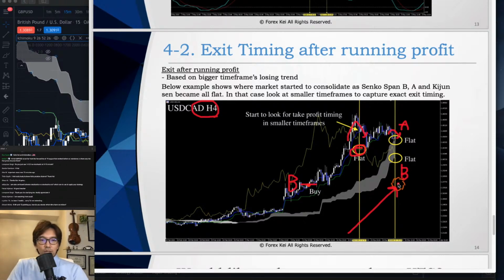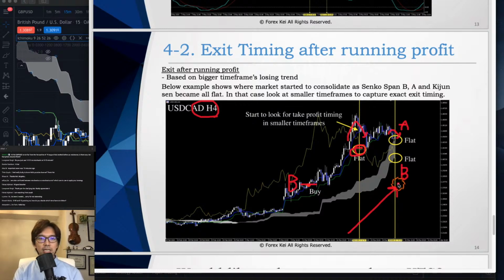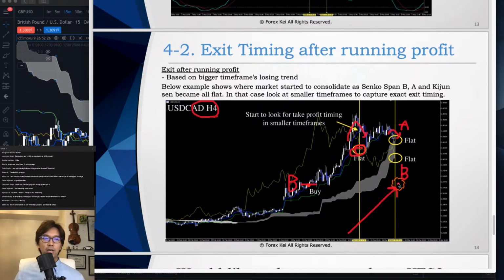Because we cannot know how the market is going to move, the best option to look for the take profit timing is when the trend ends. When the trend ends, we need to look for the take profit timing, because it can retrace backwards. And that's my take profit strategy, basically.